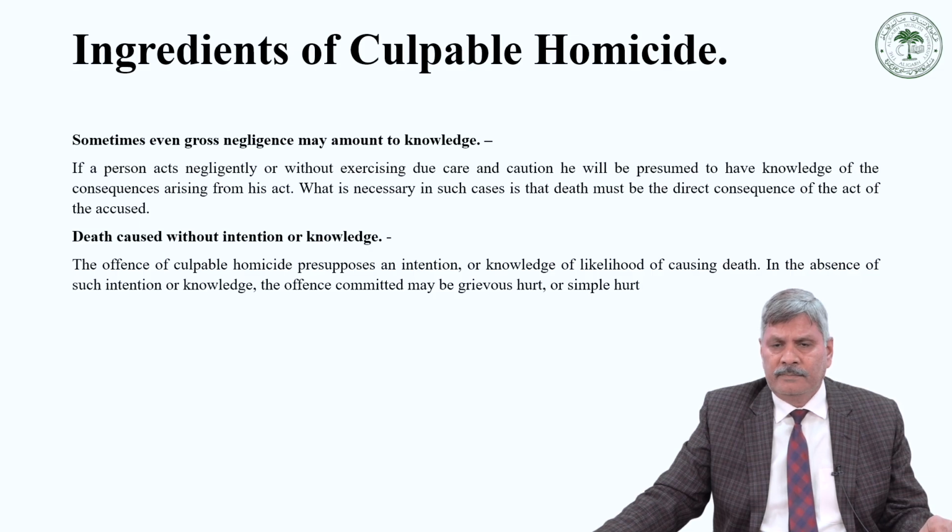During the quarrel, A lost his temper and gave one blow with a knife on the chest of B, which resulted in his death. It was held that A was guilty under the second part of section 304 IPC, that is section 105 of the Bharatiya Nyaya Samhita, for culpable homicide not amounting to murder because death was caused by doing an act with the knowledge that it was likely to cause death.